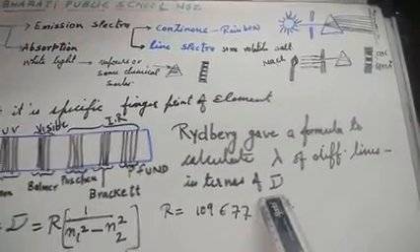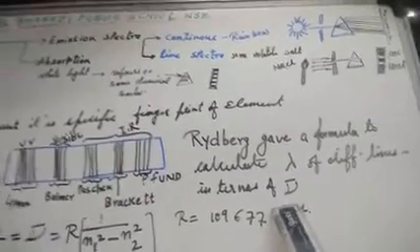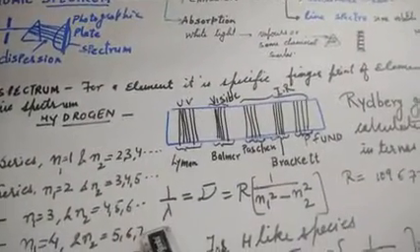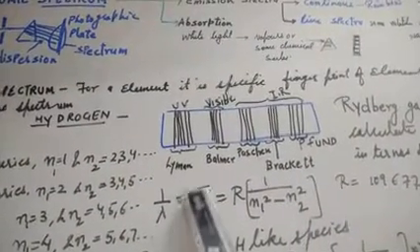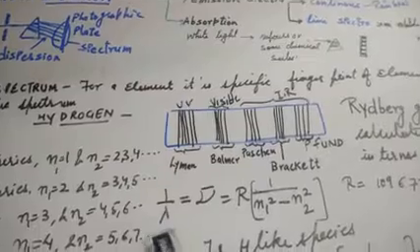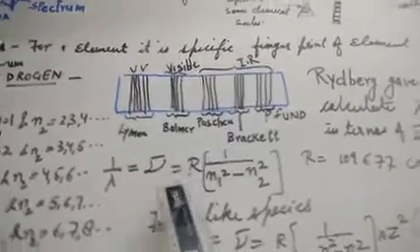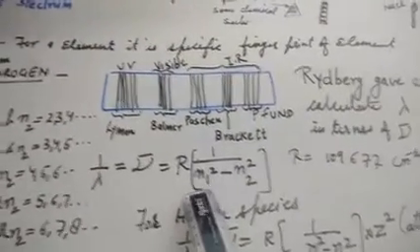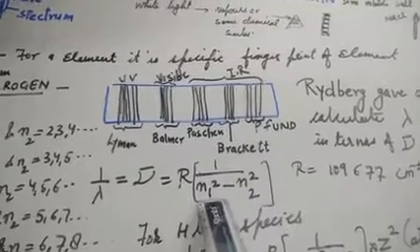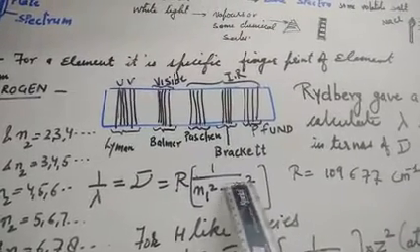What is the formula given by Rydberg? 1 by lambda, which is actually nu bar. 1/λ = ν̄ = R(1/n1² − 1/n2²).